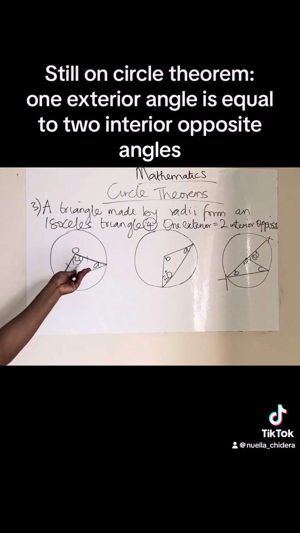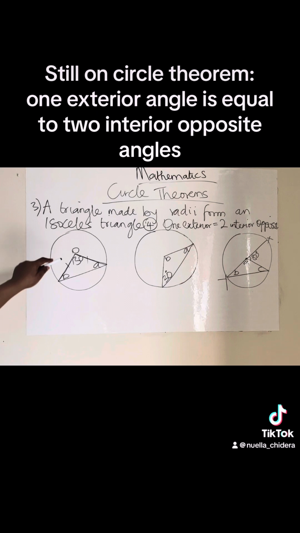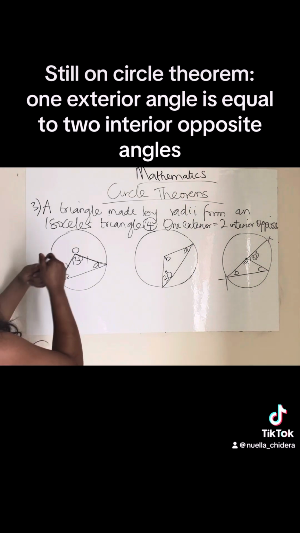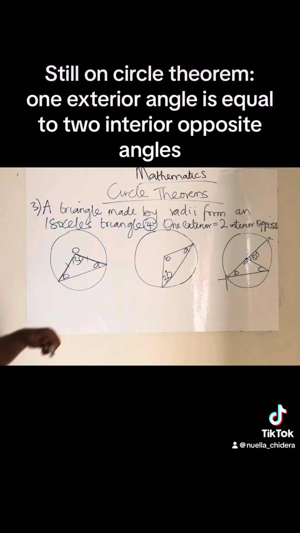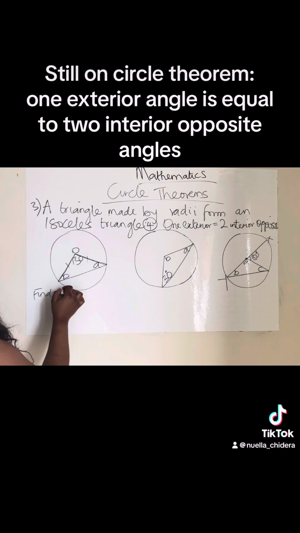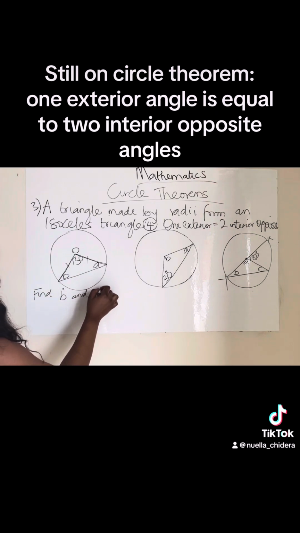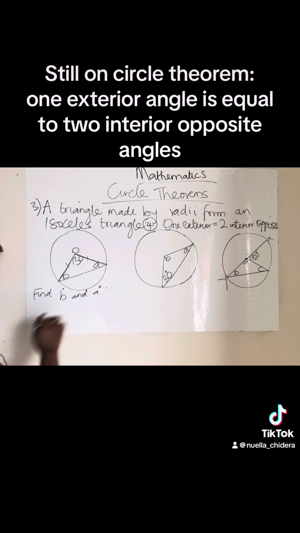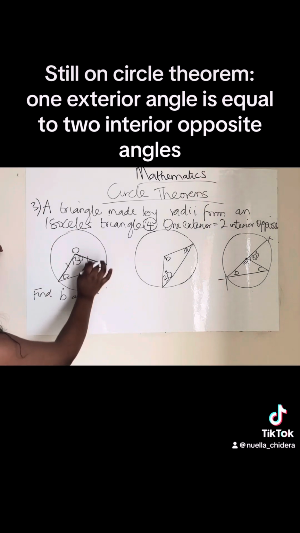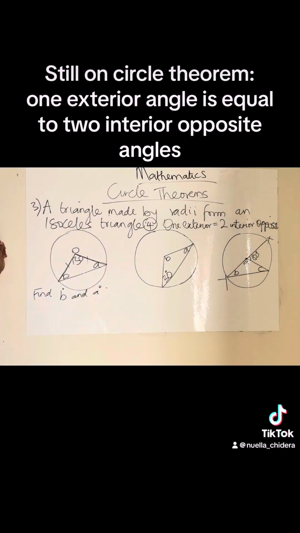So we have an example here. We have this triangle made by these radii, forming an isosceles triangle, and we have been given 130 degrees. So to find B and A, we'll have to say angle in a triangle is 180 degrees.